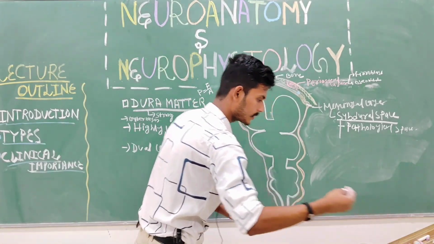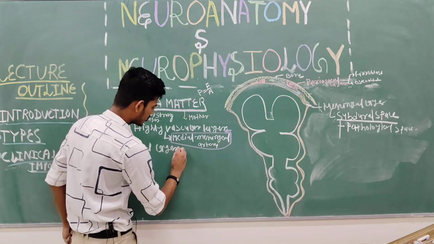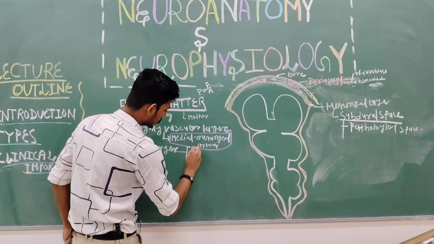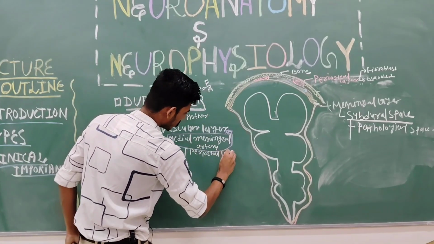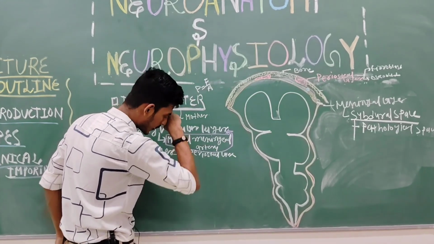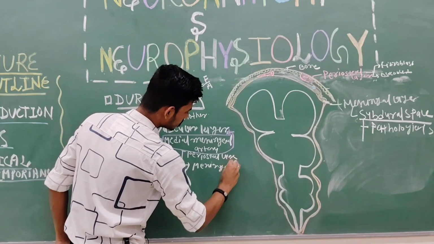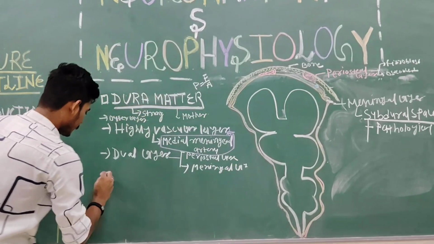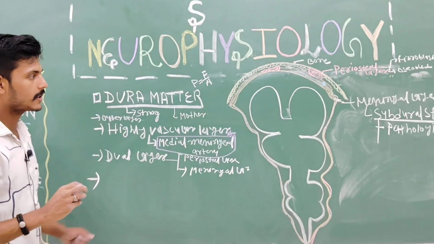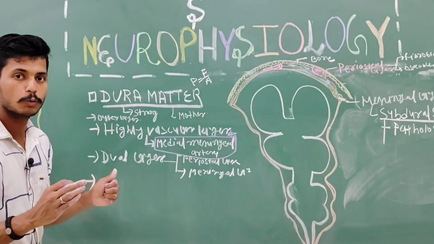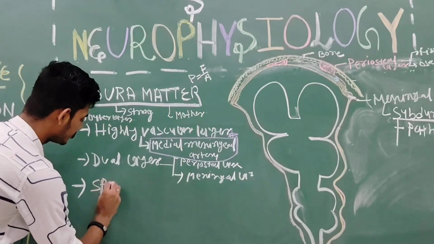Before describing this bridging vein, you should remember that the dura mater makes two special kinds of foldings. It is a dual layer. Write down the names first: the first one is your periosteal layer, another is the meningeal layer.